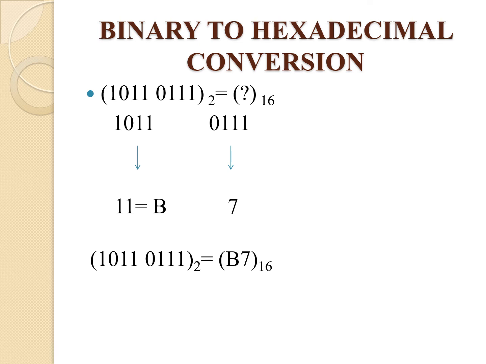So here the groups are 1011 and 0111. 1011 is 11, that is B, and 0111 is 7. So the answer is 1011 0111 in binary is equal to B7 in hexadecimal.